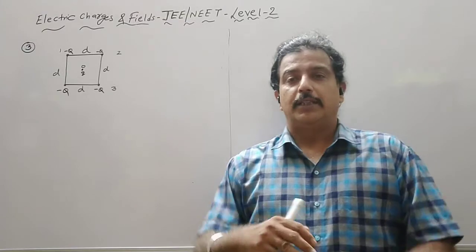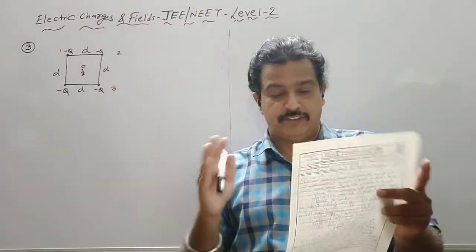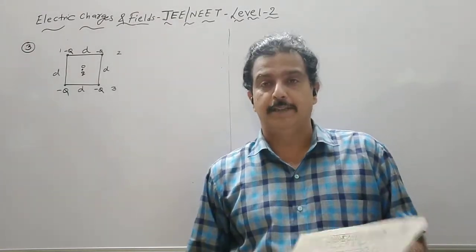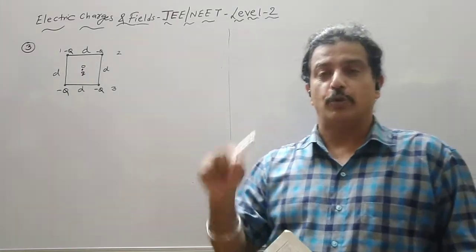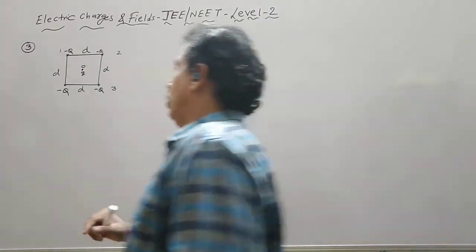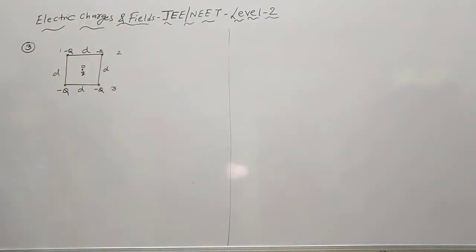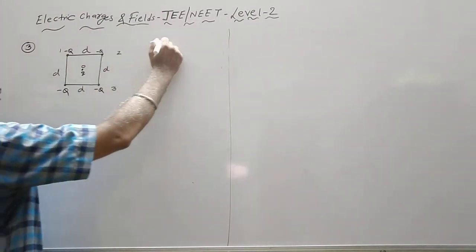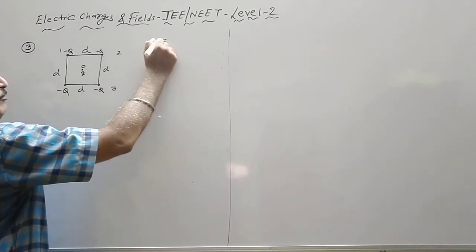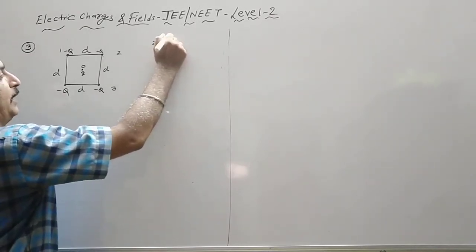So if the system is in equilibrium, it is given, then you find the total resultant force on any one of the source charges to be 0. So here let us take F2. So summation of F2 should be equal to 0.